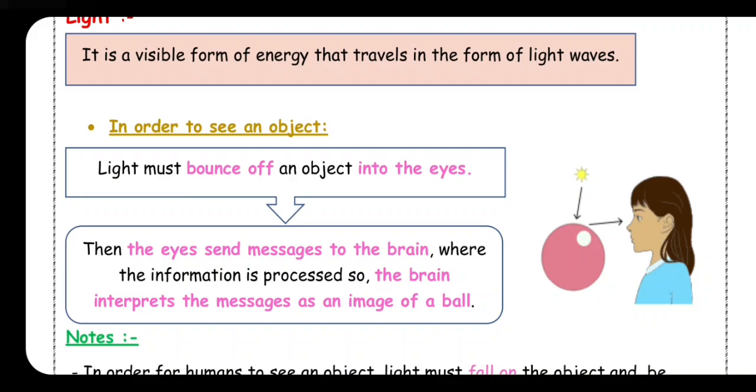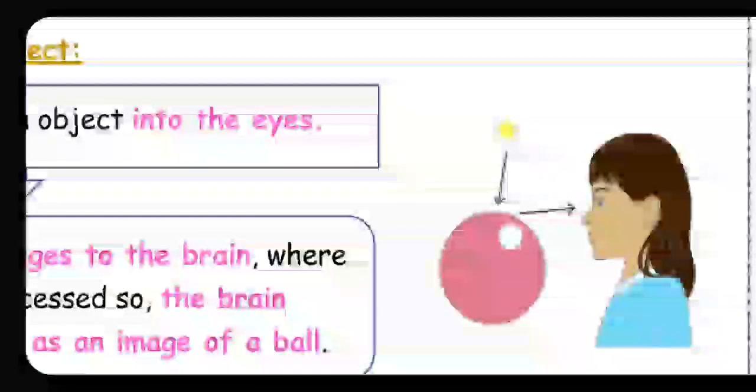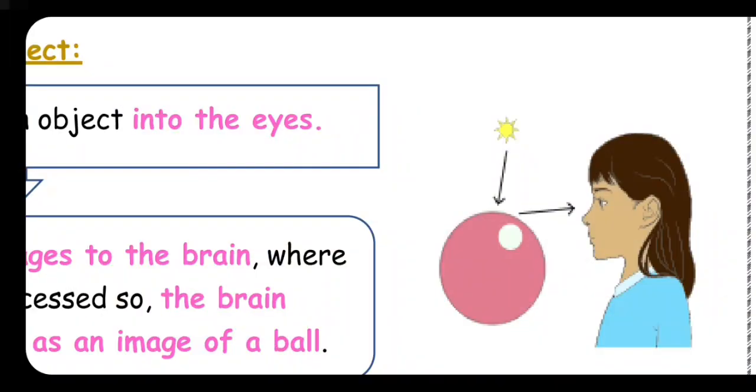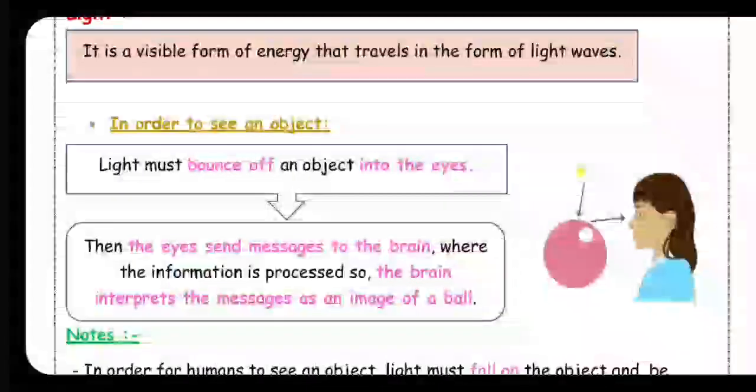When the light falls on the object, these light rays are reflected directly to our eyes. Our eyes send a message to the brain by the sensory receptors through the nerves, which take this message and reach it to the brain, where the information is processed or translated.